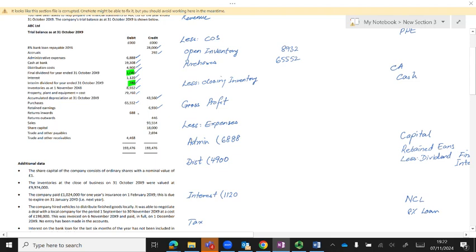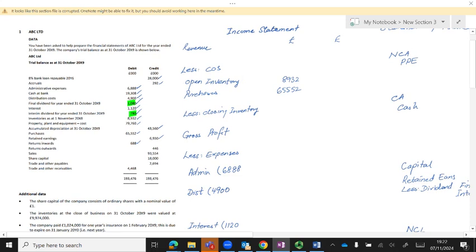Next is return inwards. Return inward means it's a sales return. I sold goods and some of the goods have come back. Return inward will be subtracted from my revenue, and that is 688, and I'll leave that in bracket.